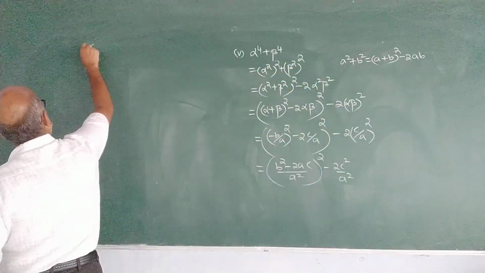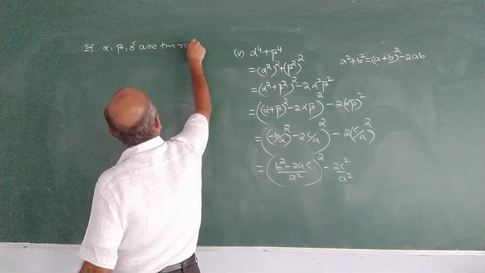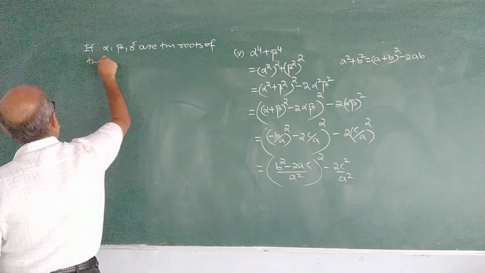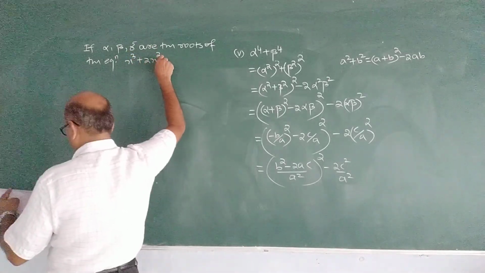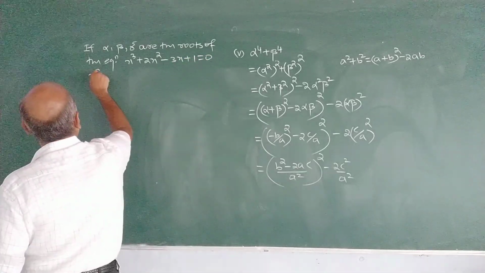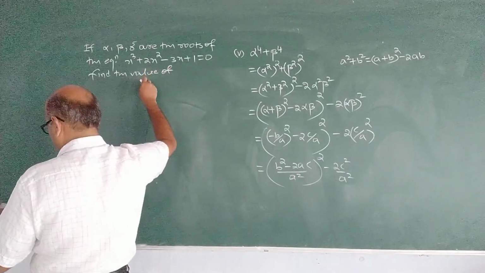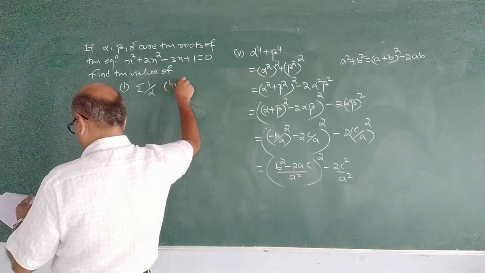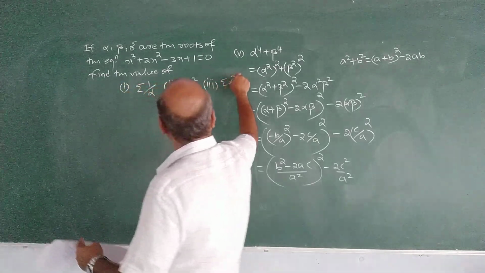If alpha, beta, gamma are the roots of the equation x cube plus 2x square minus 3x plus 1 is 0, find the value of the first one, sigma 1 upon alpha; second, sigma alpha square; third one, sigma alpha square beta square.